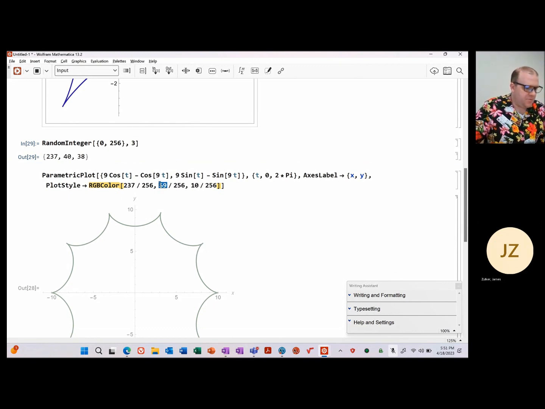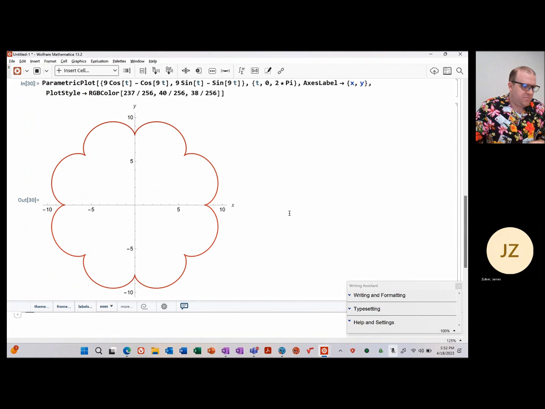Hope this color is appropriate. Kind of. This is an epicycloid.